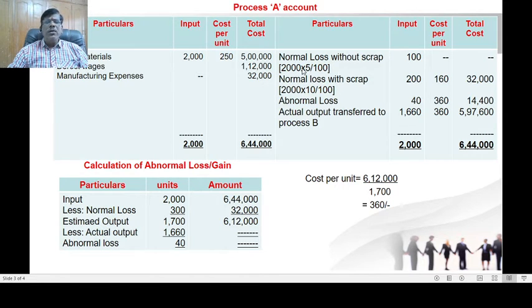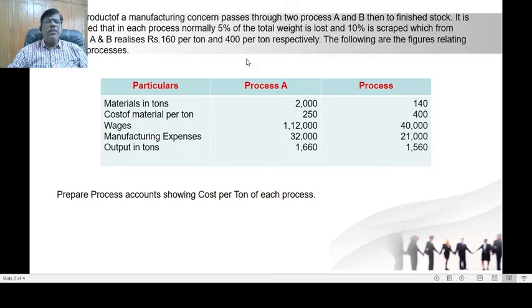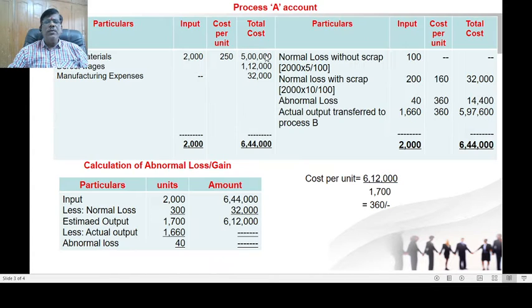Then normal loss, that is weight loss without scrap, is 2,000 into 5%, that is 100 units. You do not receive any sale of scrap because it is a weight loss; you will never receive anything.